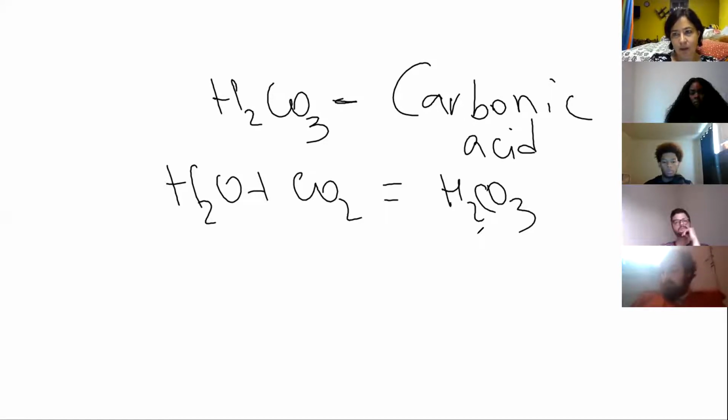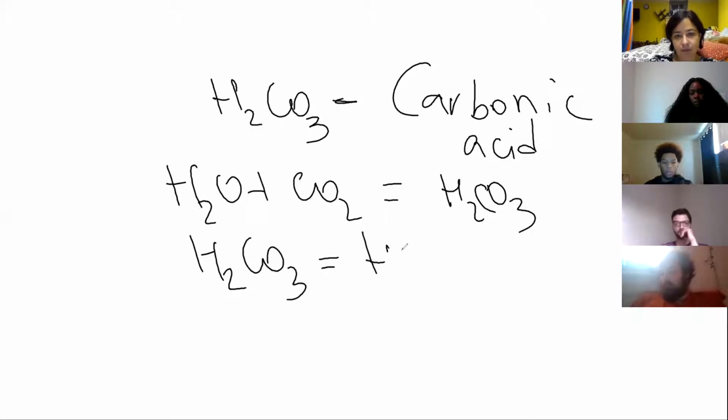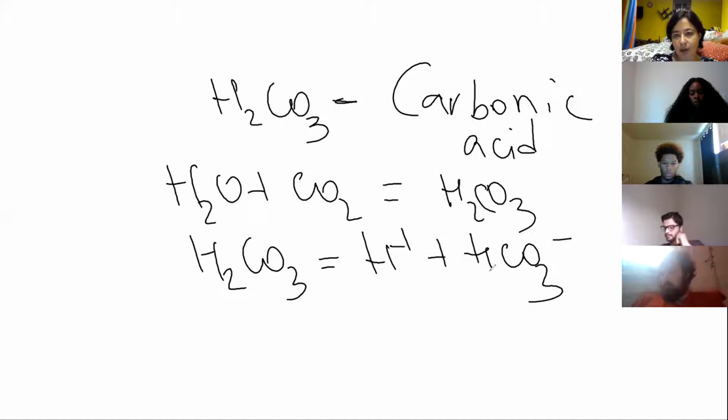Water plus carbon dioxide, this is carbonic acid. Now, another thing that carbonic acid can do, it can break down into a hydrogen ion and a bicarbonate ion. This is the bicarbonate ion, right? So this is a hydrogen ion.